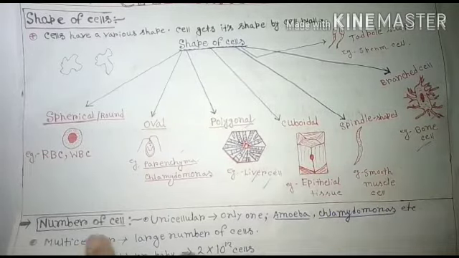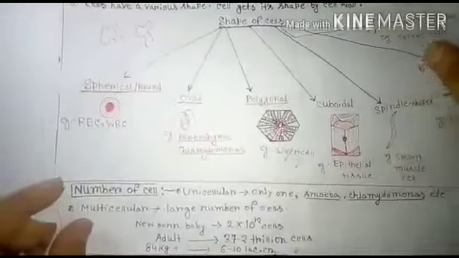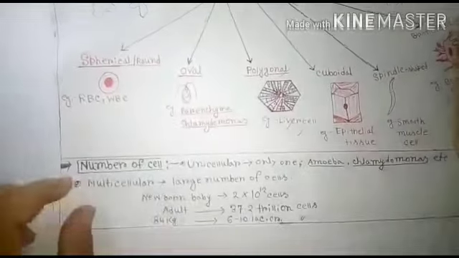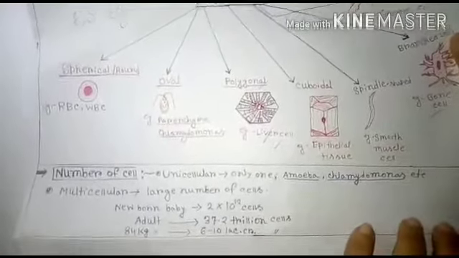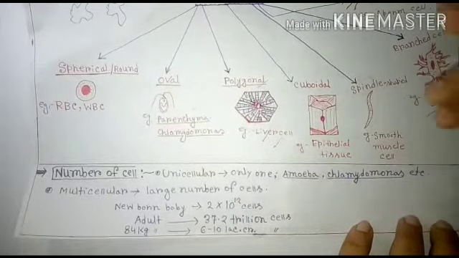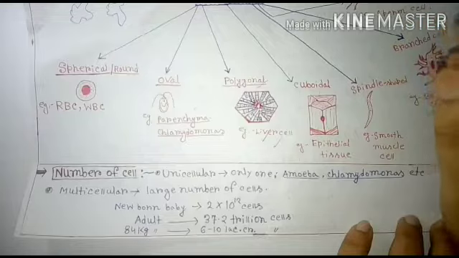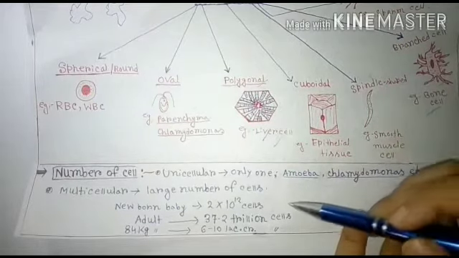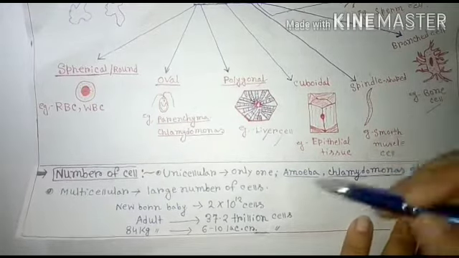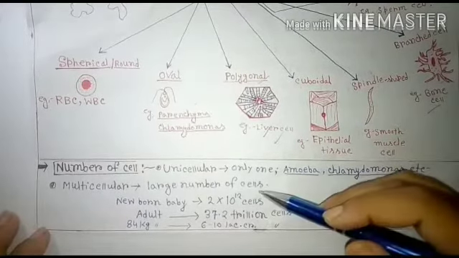Now I am going to discuss the number of cells. The number of cells also depends on the organism. Unicellular organisms consist of only one cell, like amoeba, chlamydomonas, etc. But in the case of multicellular organisms, a large number of cells is present.